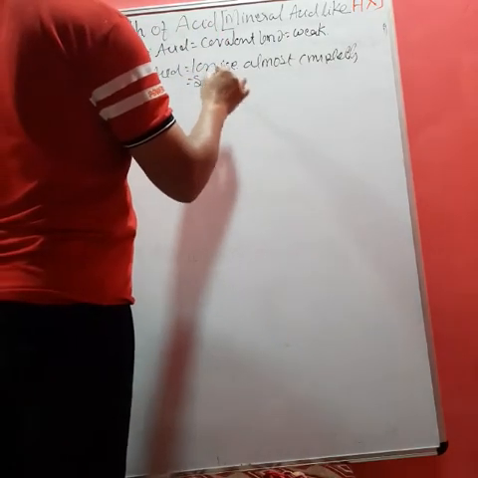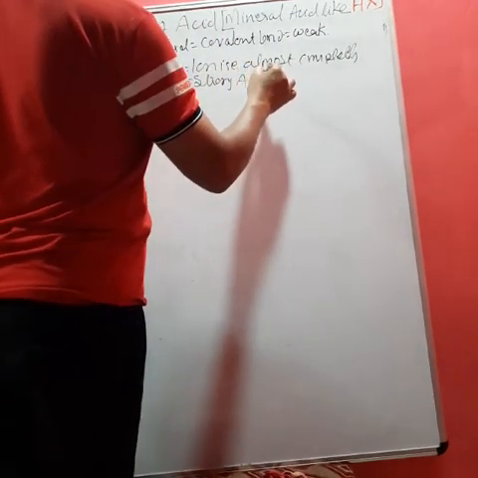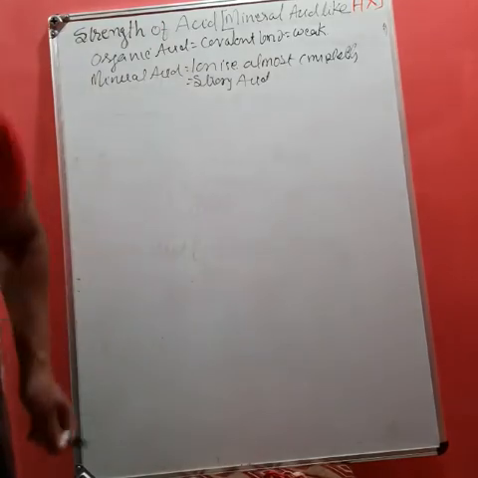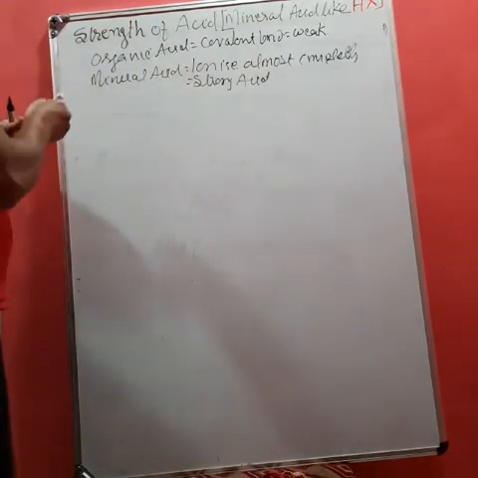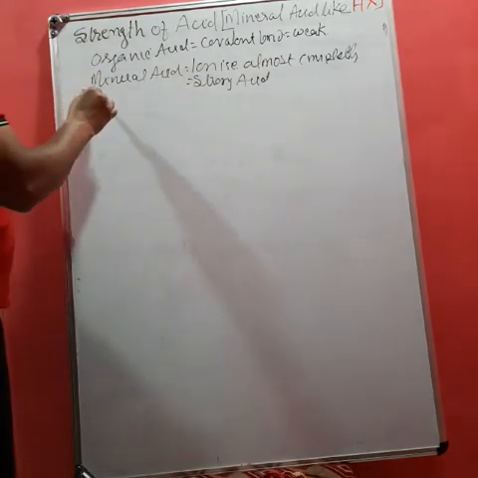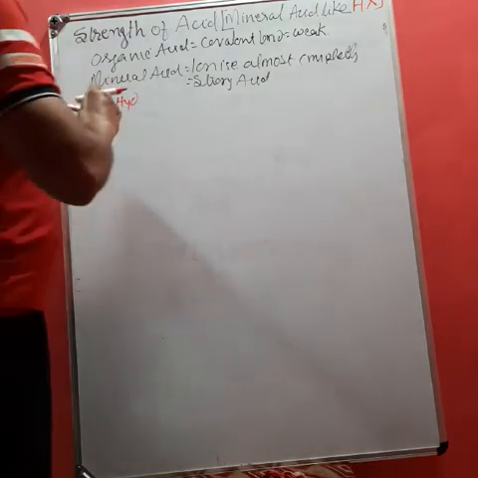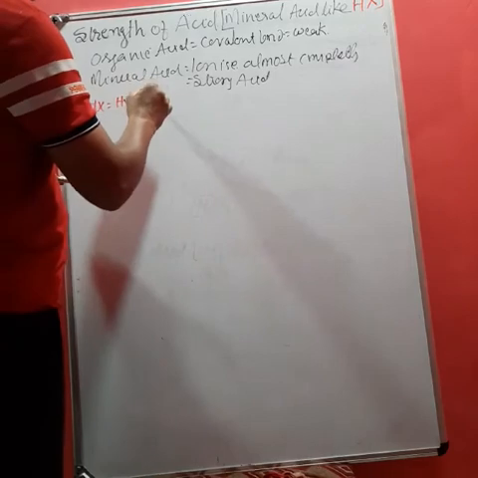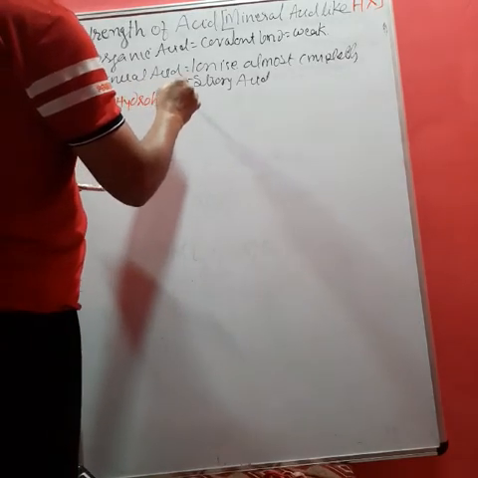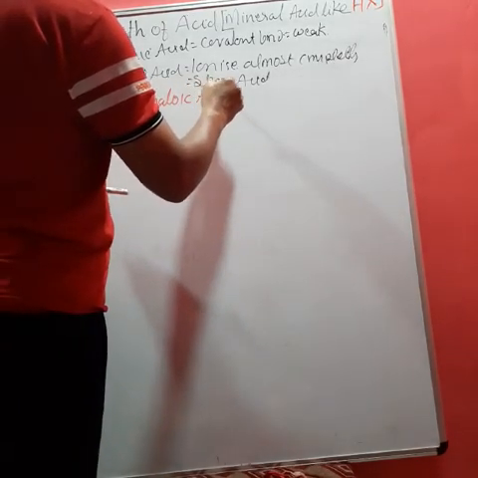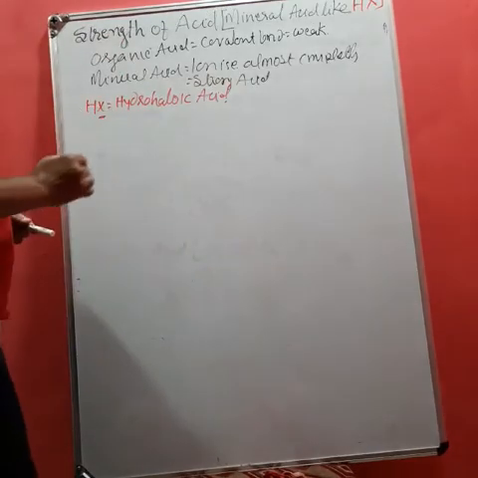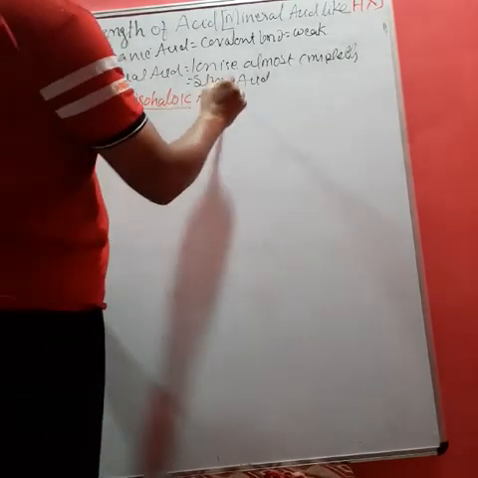Strong acids. Now, we can deal with many types of strong acid, like if you say HX acid, this is called hydrohaloic acid. Actually, the X stands for halogen, therefore it is called hydrohaloic acid.